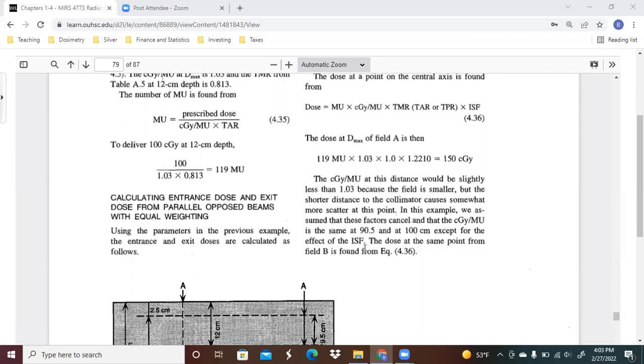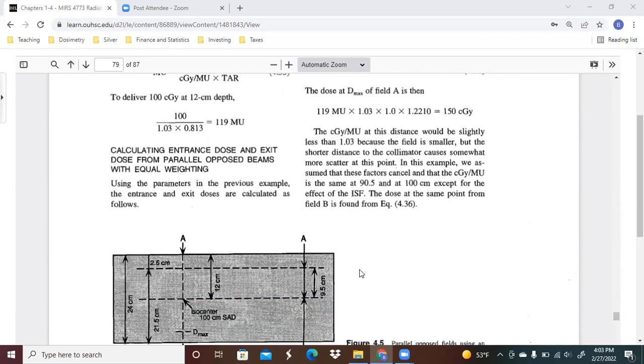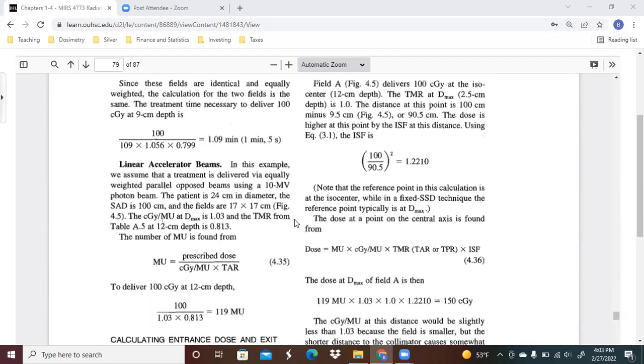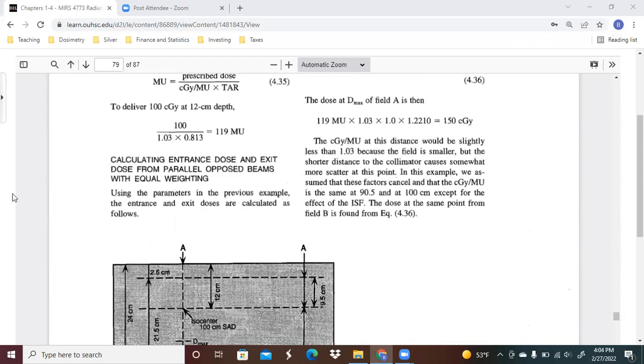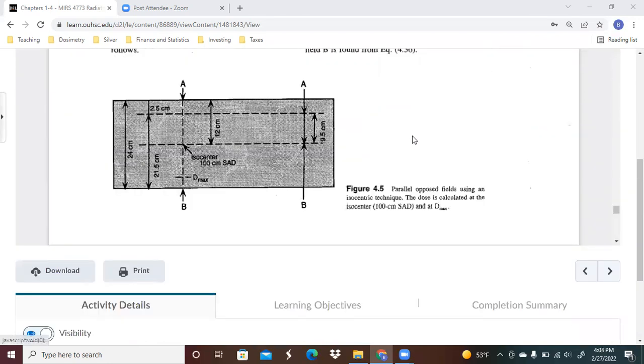So in this example, we assumed that these factors cancel and that the centigrade per monitor unit is the same at 90.5 and at 100 cm, except for the effect of the ISF. And so the dose at the same point for B is found from equation 4.36. So basically use the same equation for the other.